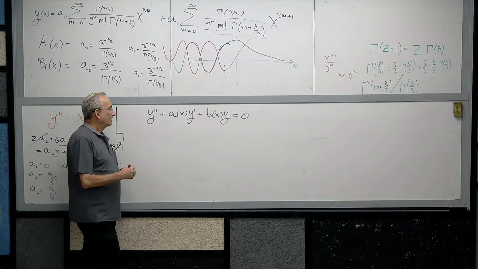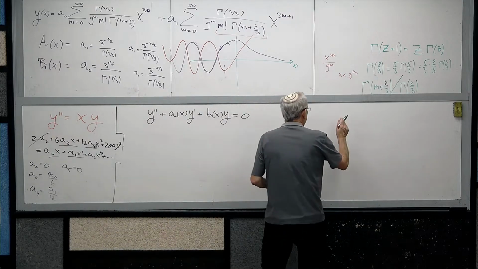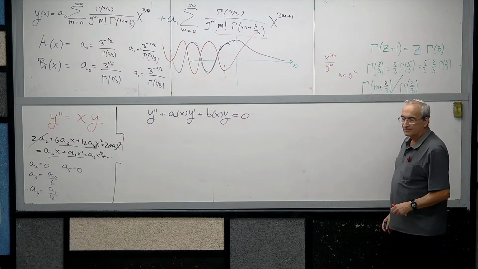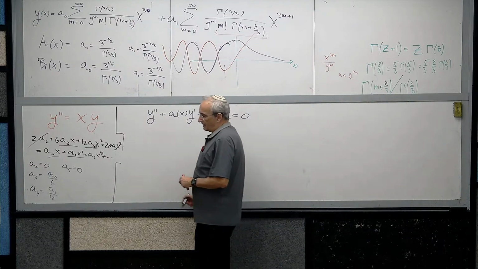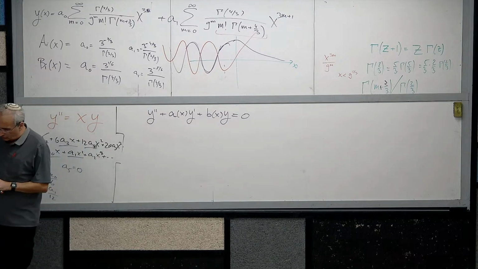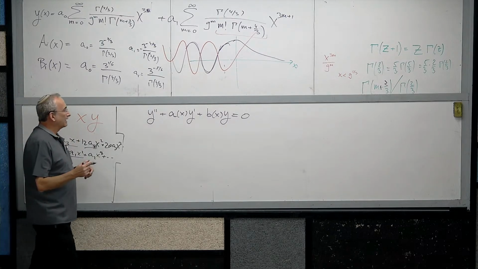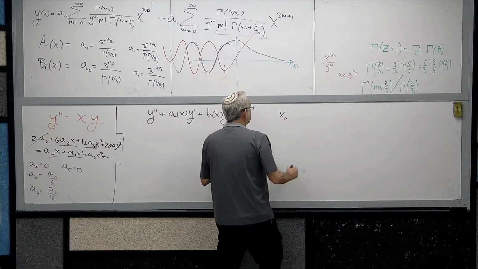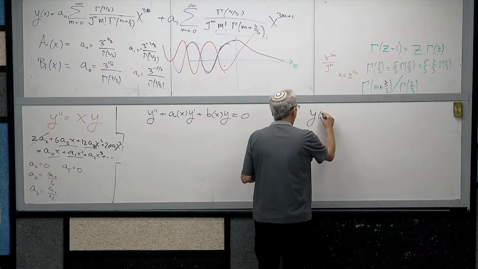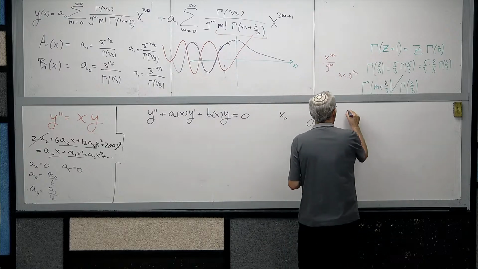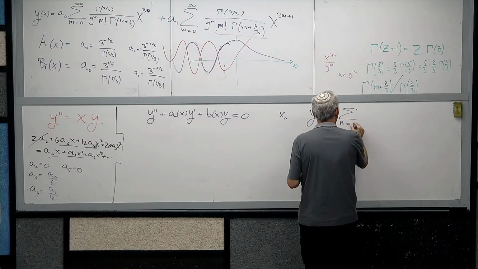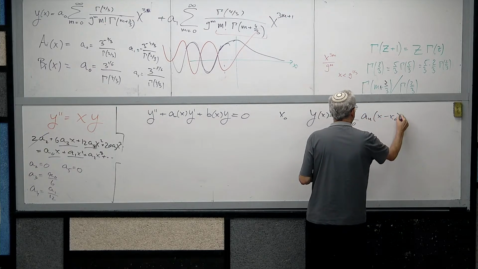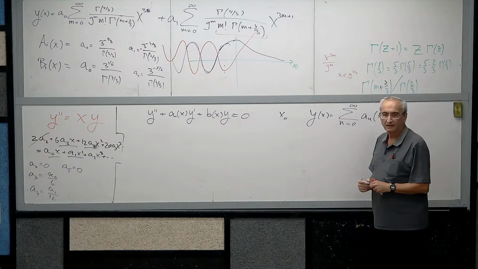Now, there are exactly three possibilities. What I want to do is take a point x naught and write the solution y of x as a power series, the sum from n equals 0 to infinity of a n times (x minus x naught) to the power of n. Right?